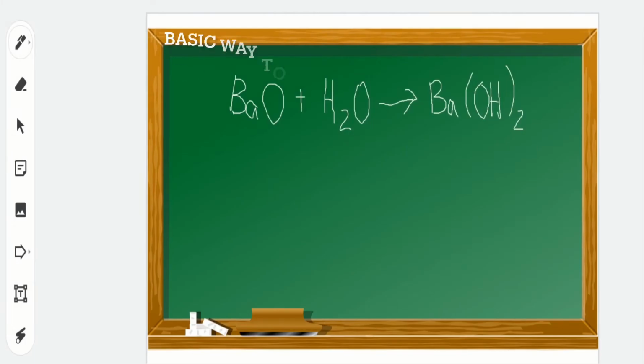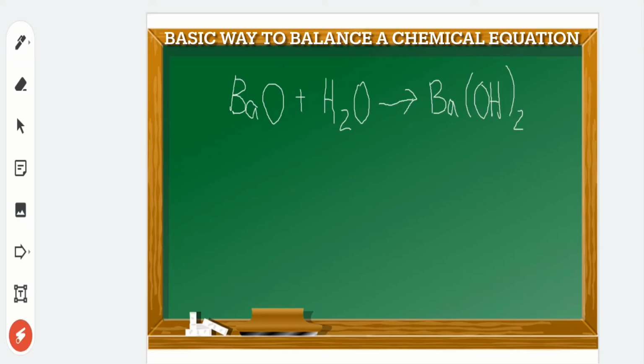molecule. Okay, so here's another example. Okay, so we have here our reactants. We have barium oxide here, and it reacted to a molecule of water, and it formed barium hydroxide.